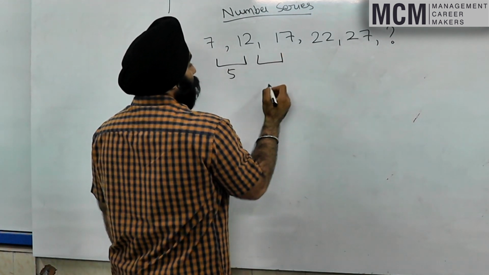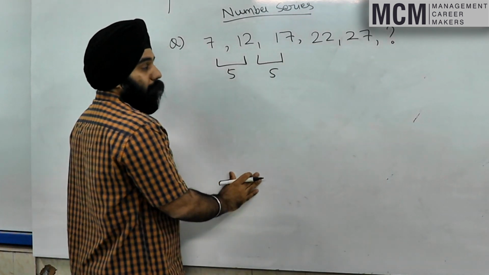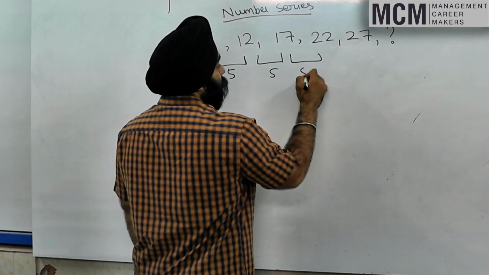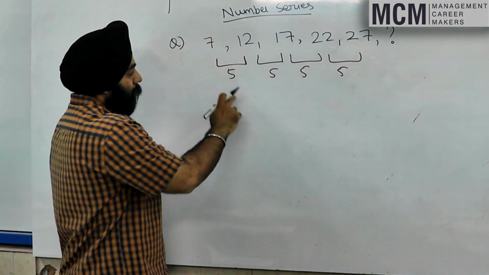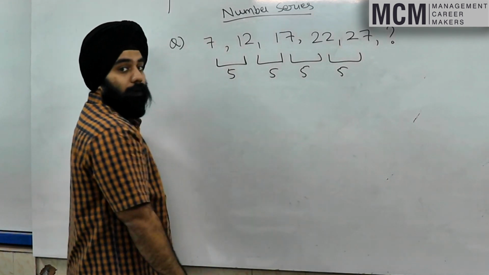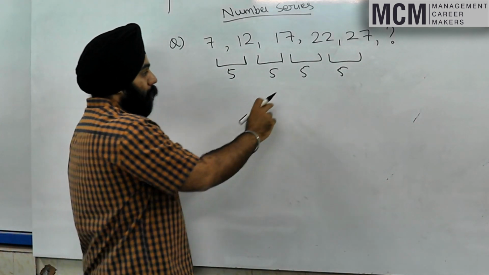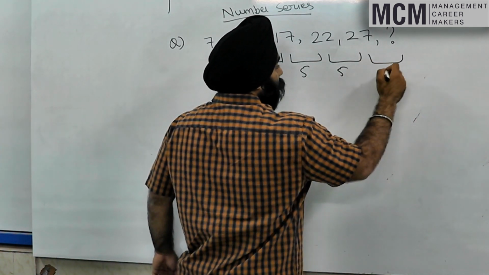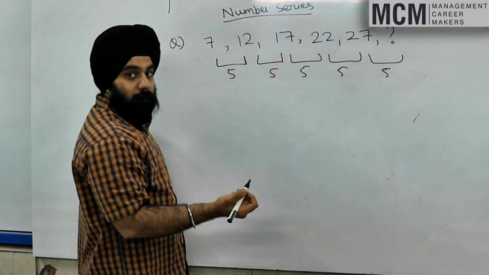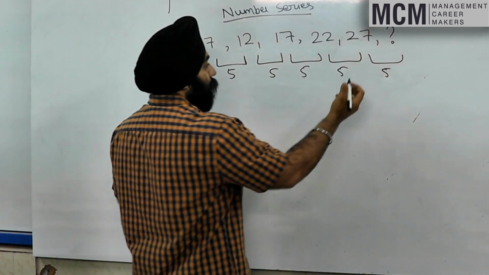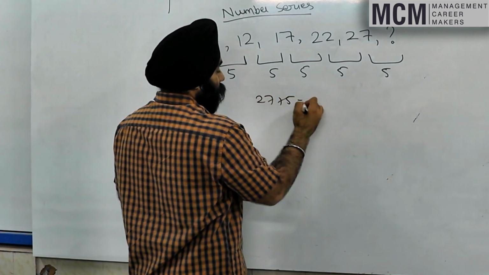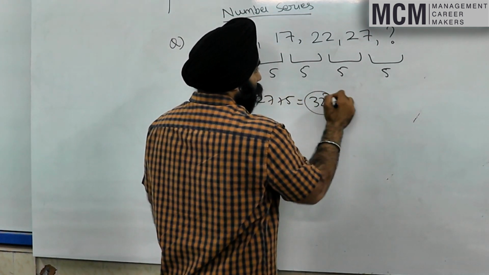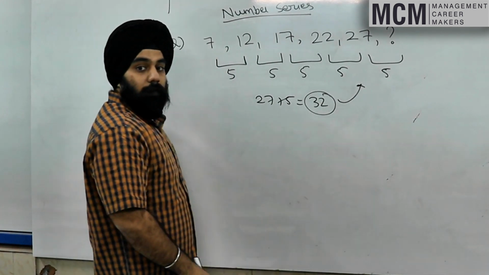Again, between 12 and 17, difference is 5. 17 and 22, 5. 22 and 27, 5. You can see that there is a pattern which is being formed over here. So naturally, the next number will be 5 more than 27, which is 27 plus 5, which is 32. So that is your answer.